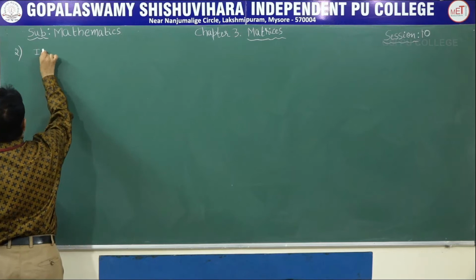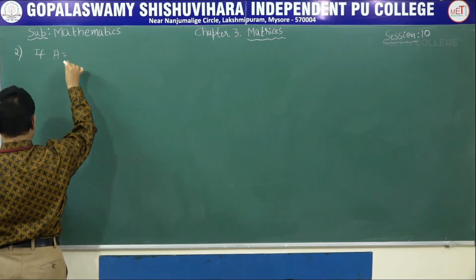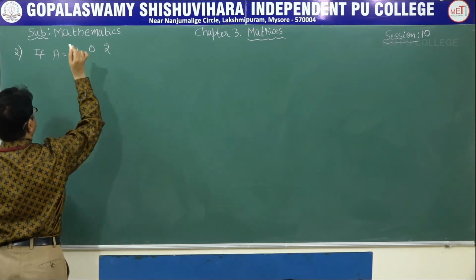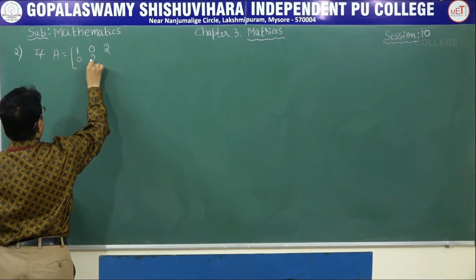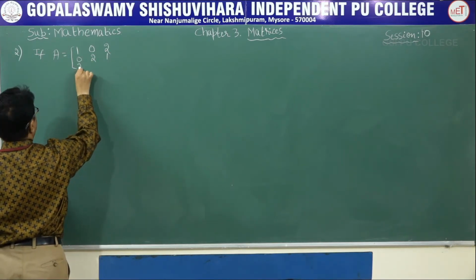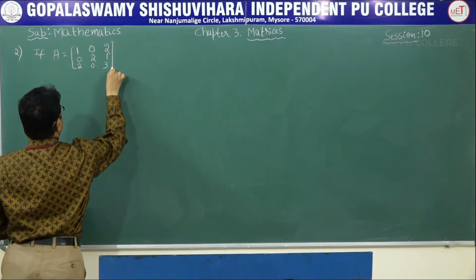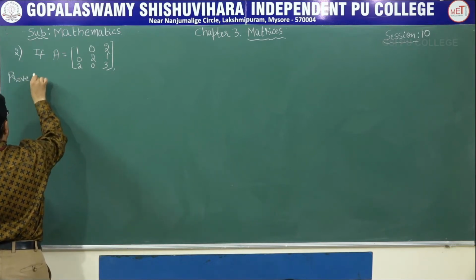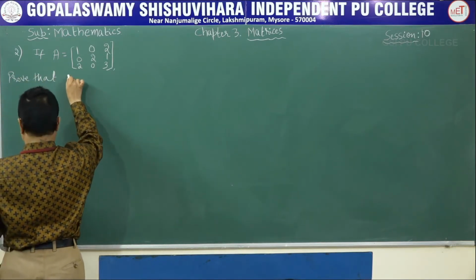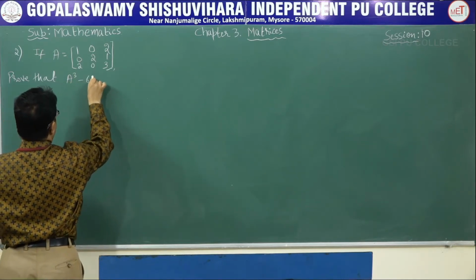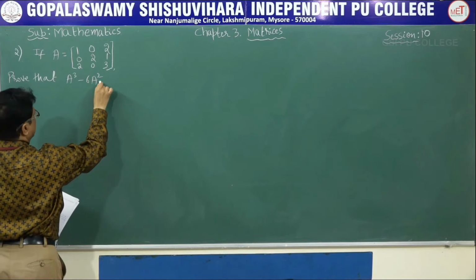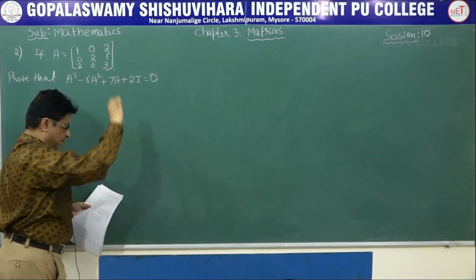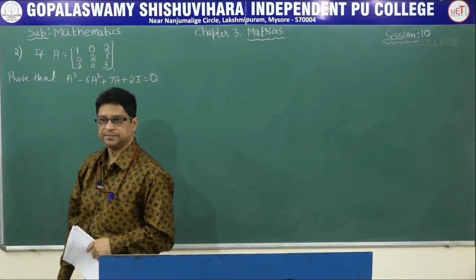If A equals 1, 0, 2, 0, 2, 1, 2, 0, 3. Prove that A cube minus 6A square plus 7A plus 2I will be equal to null matrix.